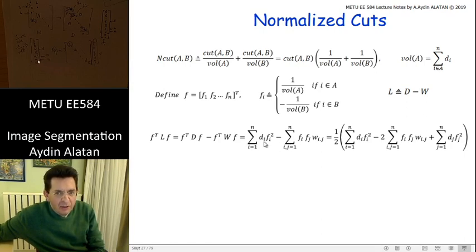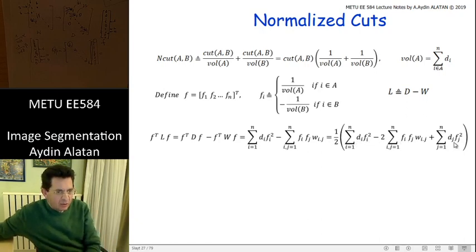We write it 2 times, d_i f_i, sum from i=1 to n and j=1 to n, d_j f_j. And I obtain this term like here. This is somewhat interesting because f_i squared, there is a 1 over 2 here, minus 2. This 2 cancels to make it a single minus. I have f_i squared minus 2 f_i f_j and f_j squared. Hey, this is a complete square: f_i minus f_j, squared.